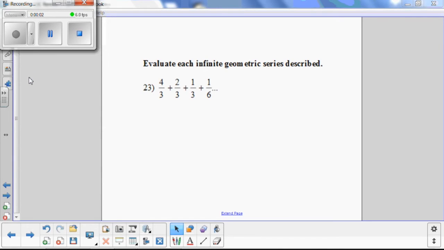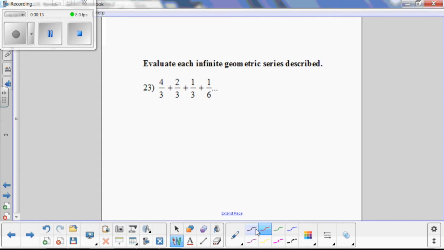The last thing we did with series was finding the sum of an infinite geometric series. This formula is not given to you. First, you have to find the common ratio. If you can't figure that out, you can take the second term, so in this case 2/3, and divide it by the first term. So I would type in my calculator 2/3 divided by 4/3.